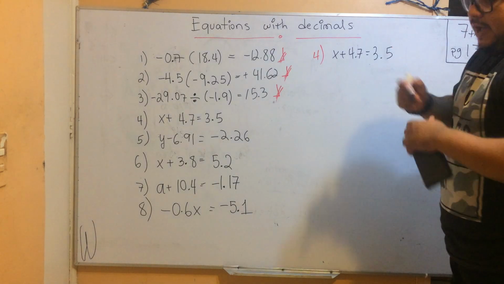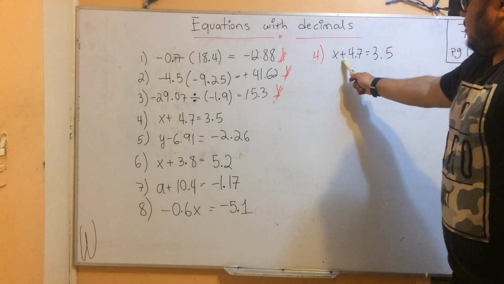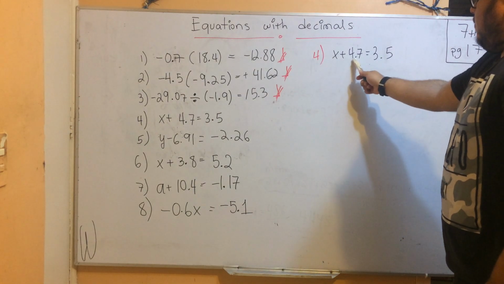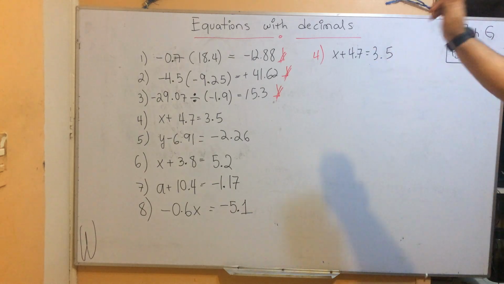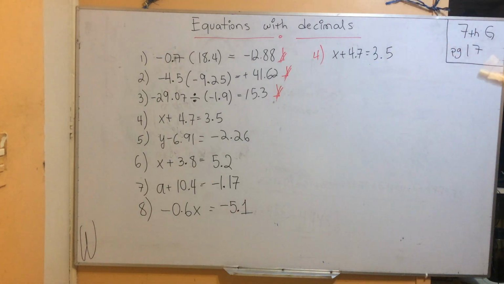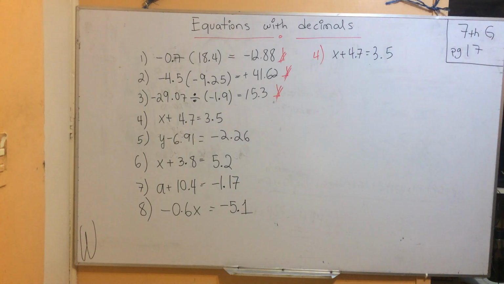So how do we solve this equation? We need to solve like we were solving previous equations. If this number is positive, we switch it to the other side, negative. We have to solve for x because we're looking for the value that is going to help us make this equation true.